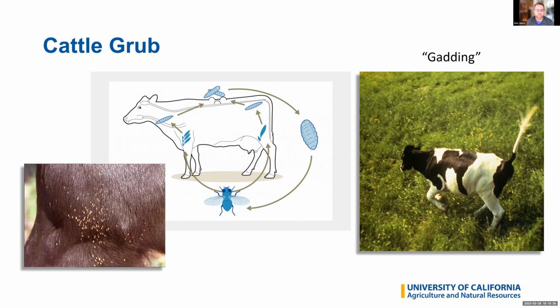At this point, the now called cattle grub will cut a small hole in the back of the hide of the animal. It's a small breathing hole, essentially allowing the insect to get oxygen, to get air.